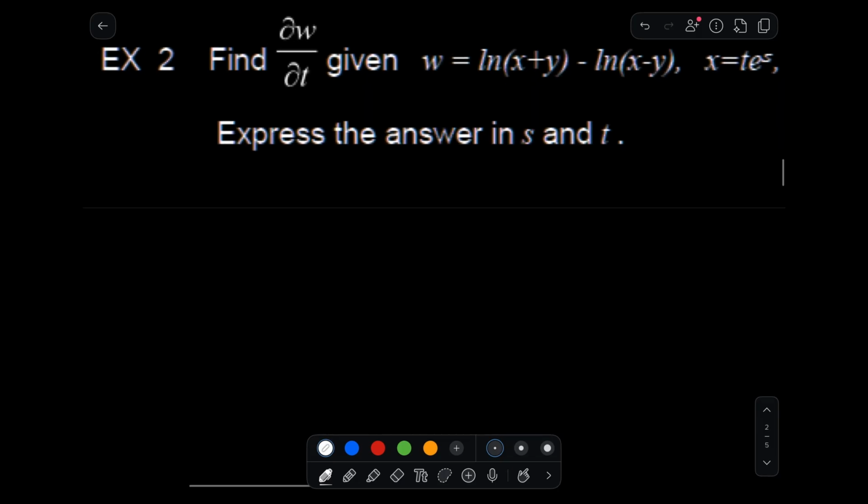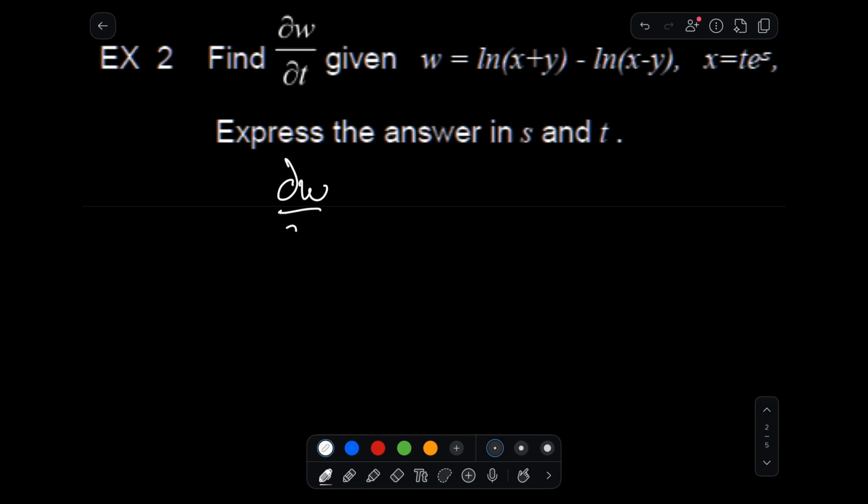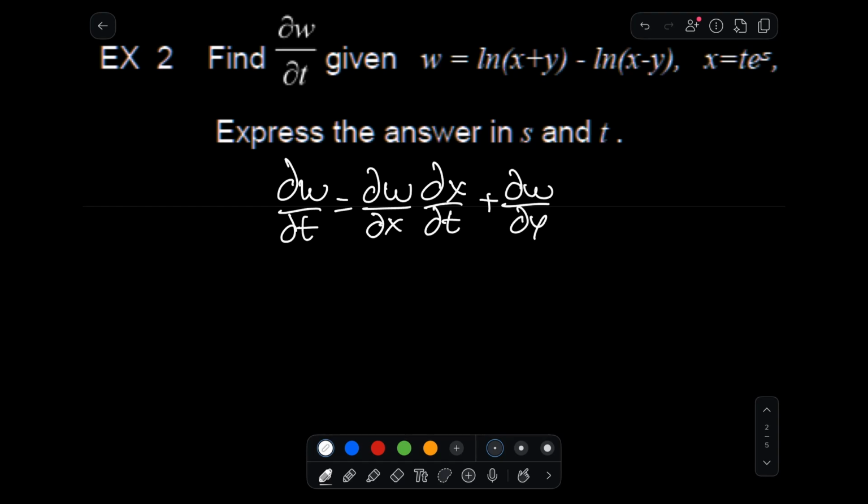So we have ∂w/∂t equals ∂w/∂x dx/dt plus ∂w/∂y dy/dt.